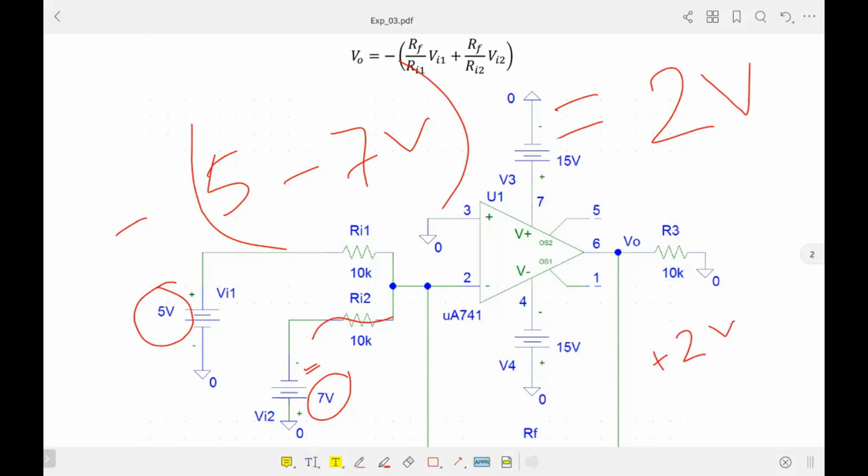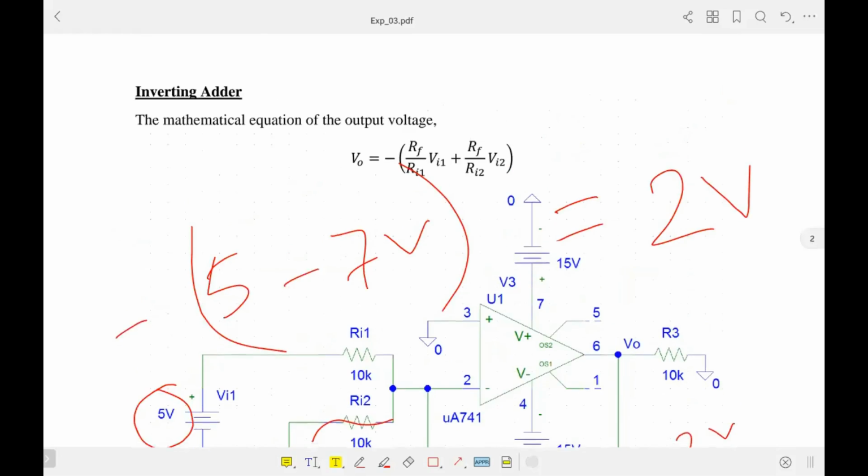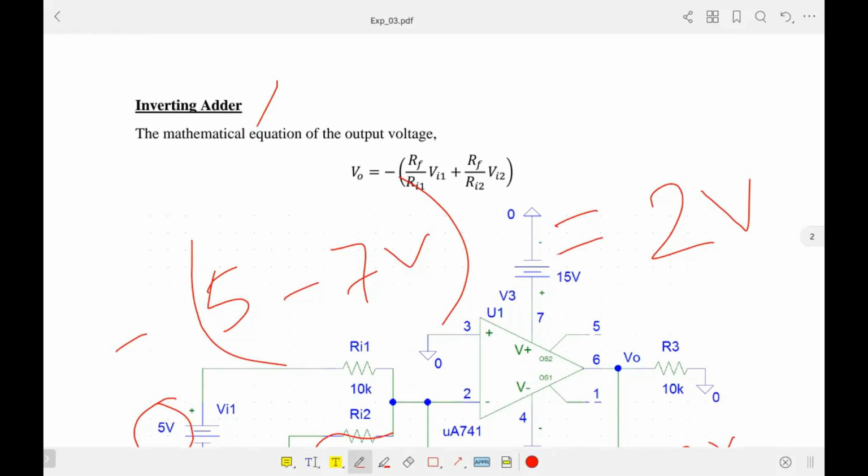So this is the inverting adder, and another name for this inverting adder is summing amplifier, because it is summing different voltages and also amplifying. The gain for one is RF by RI1, and for the other is RF by RI2.